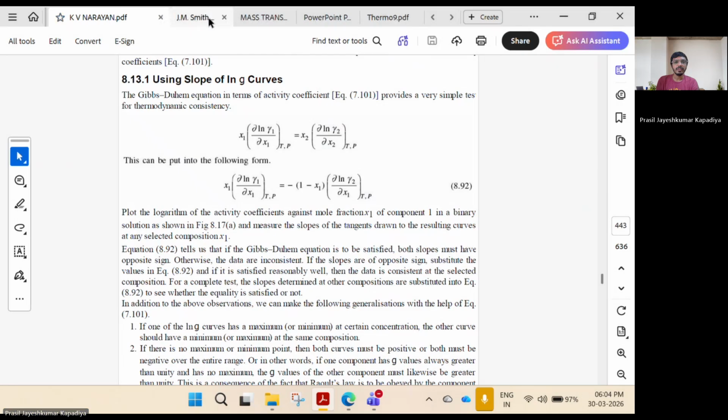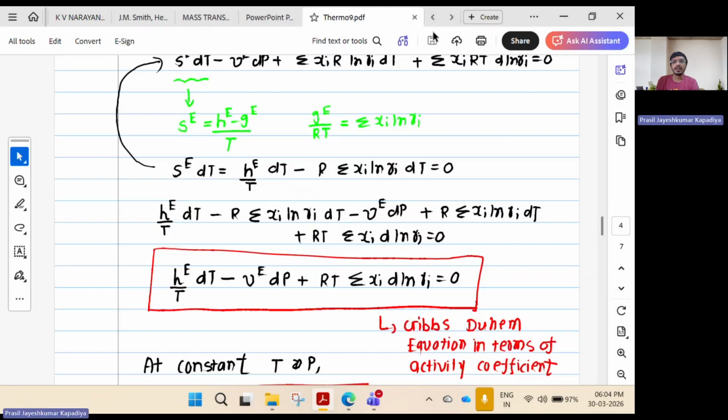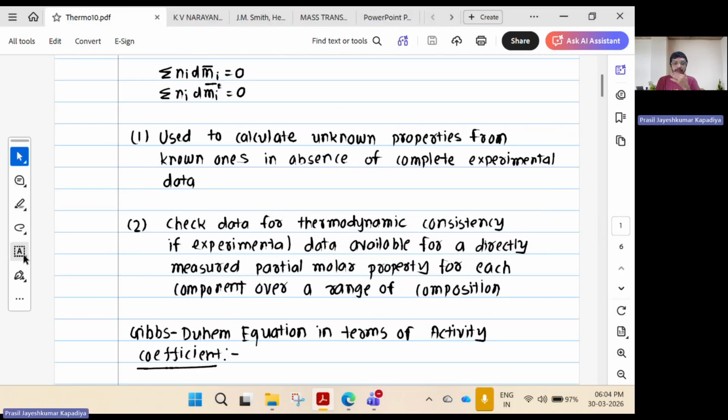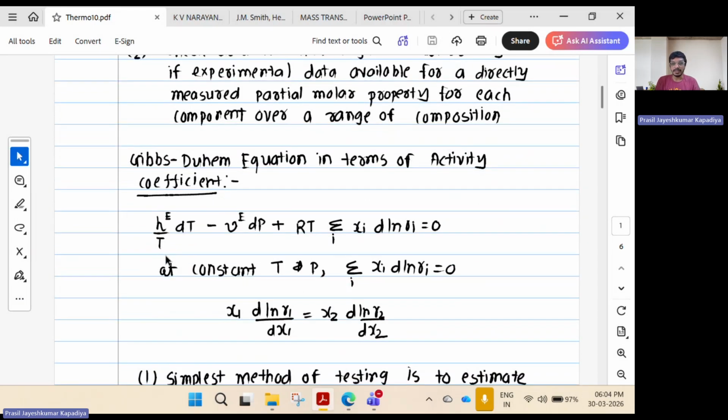Now if we use that equation, H^E by T dT minus V^E dP plus RT summation i equals 1 to total components xi d ln gamma i equals 0.